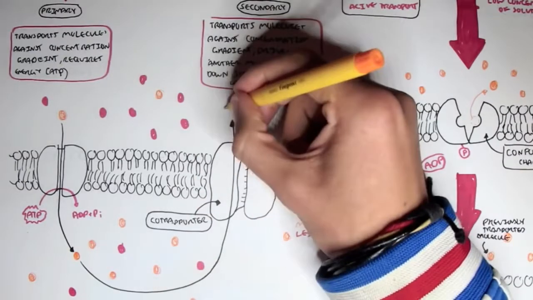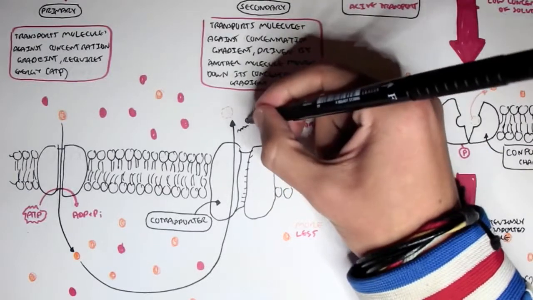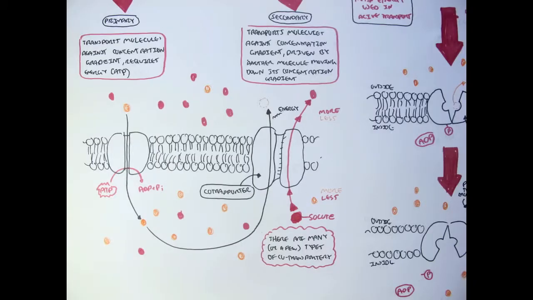It will go back down its concentration gradient, and this will release some energy because it's going down its concentration gradient, which will allow a red solute, which is highly concentrated on the outside, to move up against its concentration gradient. So the red solute is moving against its concentration gradient with the energy provided by the orange solute moving down its concentration gradient.